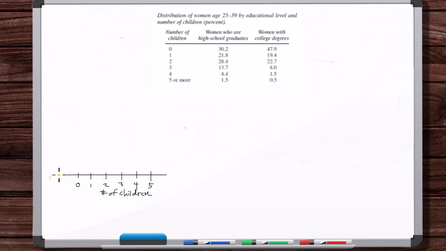No children. For the vertical axis, the width of each of the blocks is 1. Even the 5 or more block can have a width of 1, because we're assuming that there are no families that have more than 5 children. So the height of each block is just going to be the percent. All right, so 5, 10, 15, 20, 25, 30.